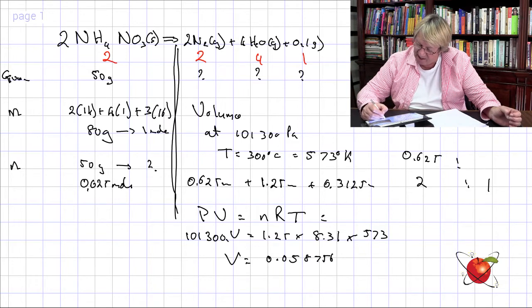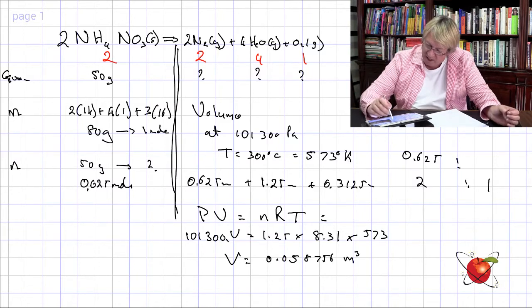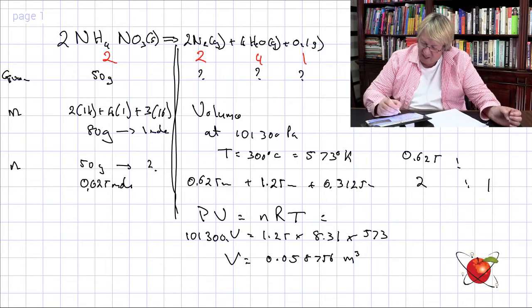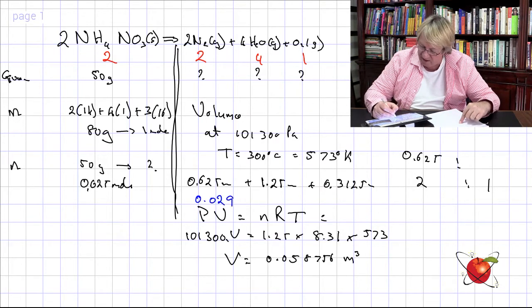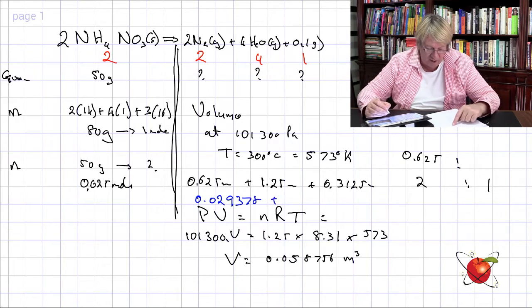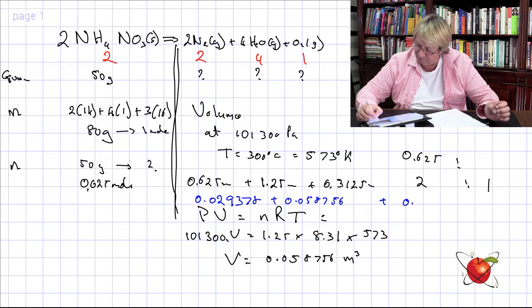8756, and this is in cubic meters, right? How much of the others do we get? I'll put them in here in blue. So for the 0.625, we get 0.029378. For that one, 0.058756, and this one, 0.01464689.